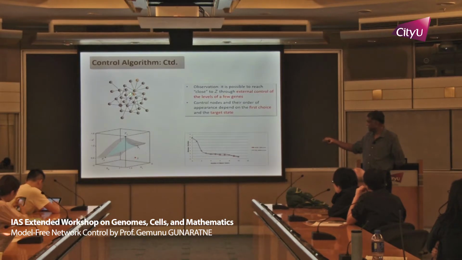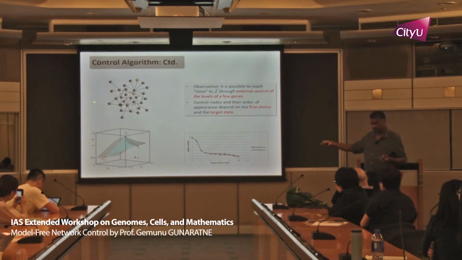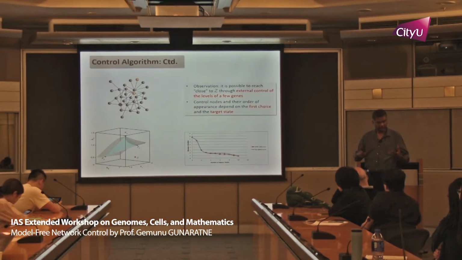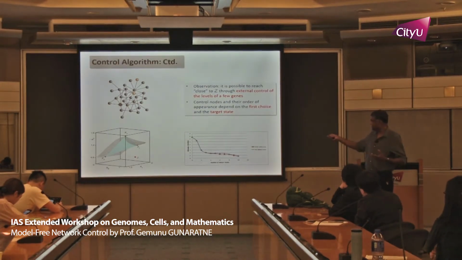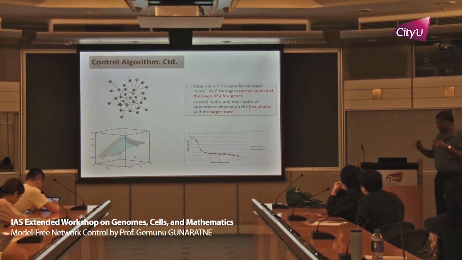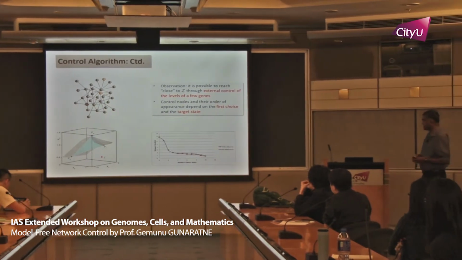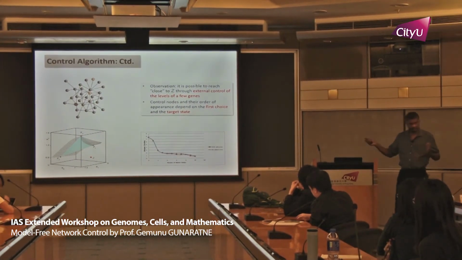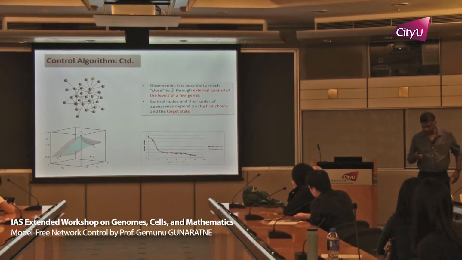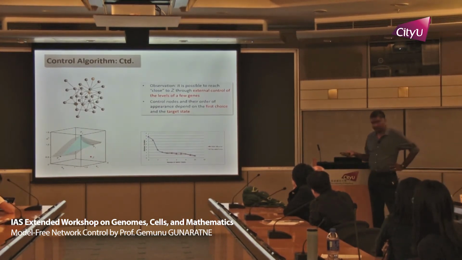If I start from any node and go through this process, I'll get a different set of nodes which I'm correcting, but because of the connectivity, I can get close to the target state anyway, where the levels of all of the genes are close to where I want them to be. And I don't have a proof of this, but it works in many model systems. Also, we tested this in an experiment.